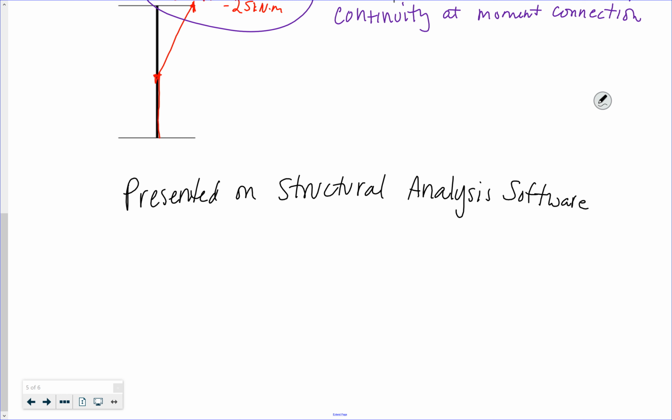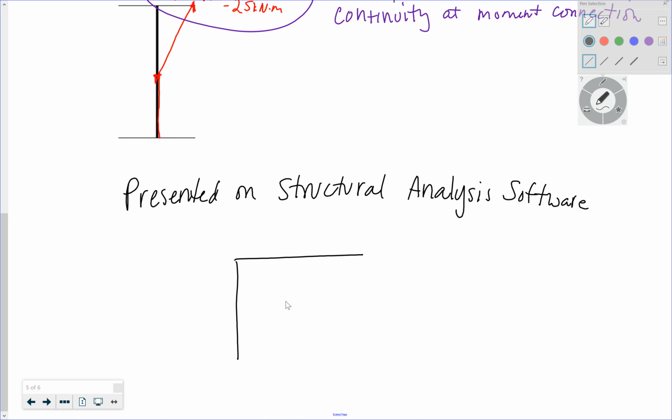If this was presented on structural analysis software and the two were actually connected, it would show like that for the beam, and let's make the column green.